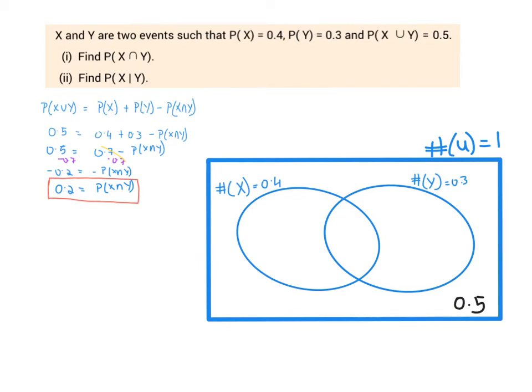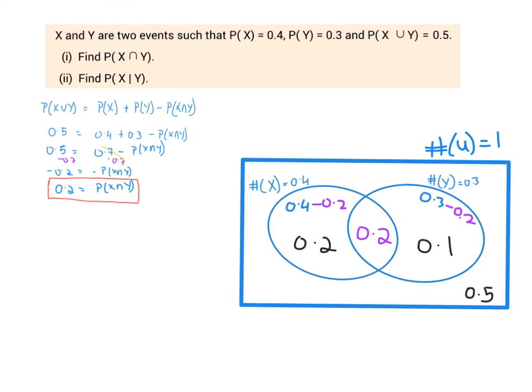We worked out that our intersection here is 0.2. I'm going to write that bit in here. To work out what x is on its own, it would be 0.4 minus 0.2, which is of course 0.2. And likewise over here I have 0.3 minus the 0.2, which gives me 0.1, and I can see 2 and 2 and 1 is 5, so 0.5, which is what we were told. So that's just a little revision of our set theory from junior cycle.